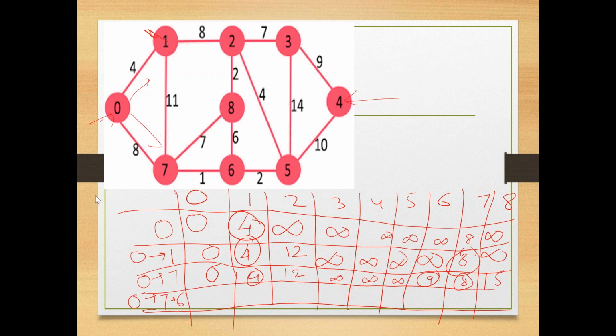Shizel is asking 0 to 2, how it is 12. Let me see from where you are asking this. Okay, see, using 0 to 1 we are using, and from 1 we can reach the second node. So 8 plus 4, how much is that, Shizel? 12. So that's why we have written 12.